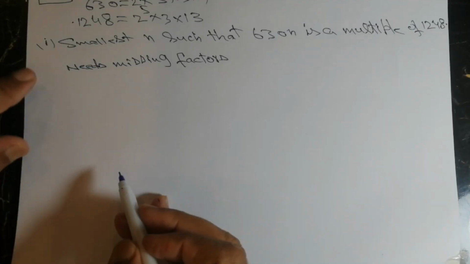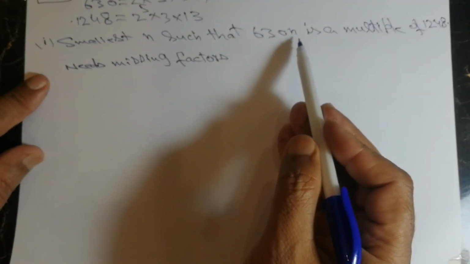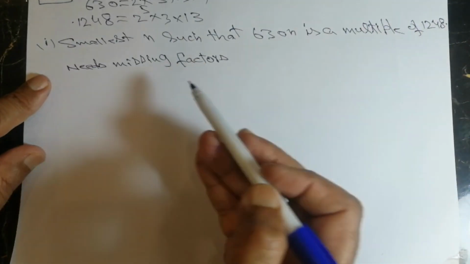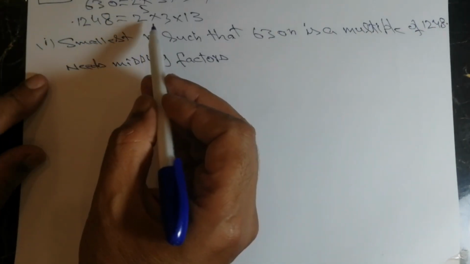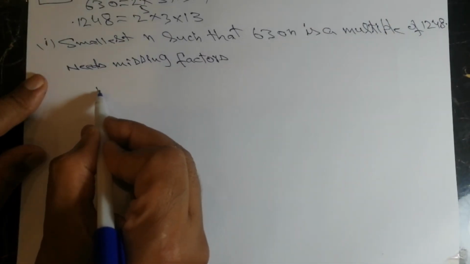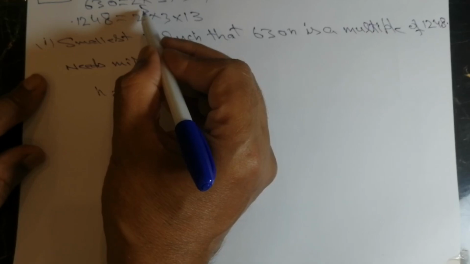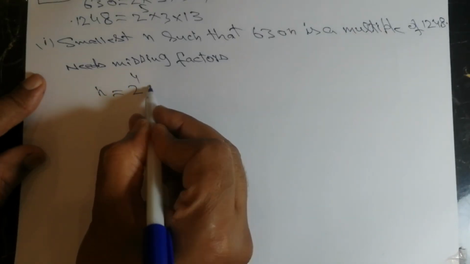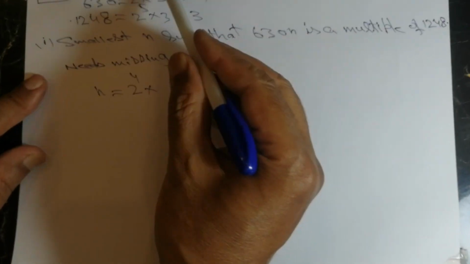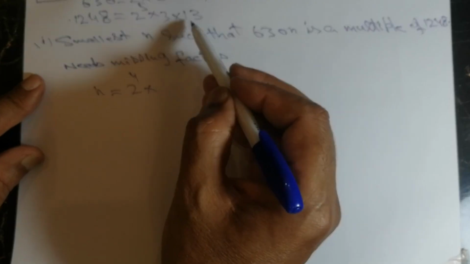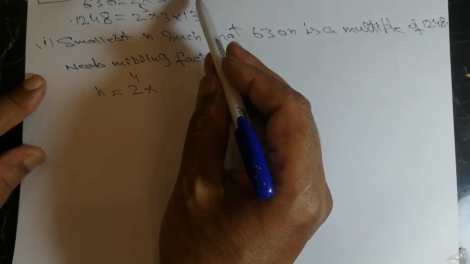So for the smallest n such that 630n is a multiple of 1248, we need to find the missing factors in 1248. So n will be equal to 2 raised to power 5, here 2 raised to power 1, so 2 raised to power 4 is missing. And 3 is present, no problem, this is a square, but this is not the condition. 13 is not there.